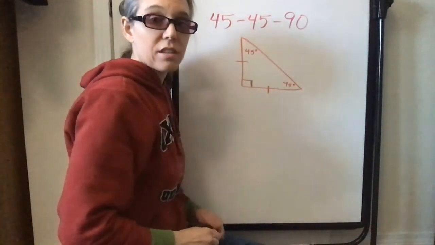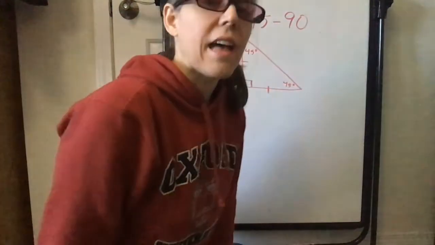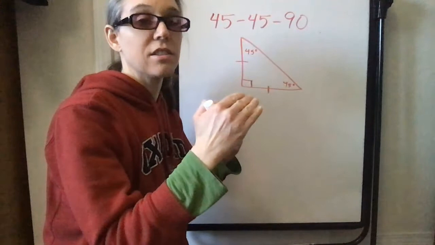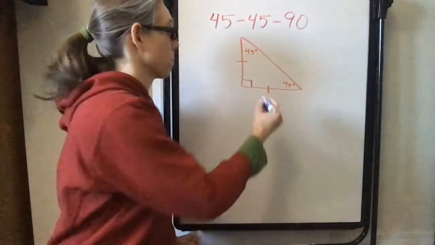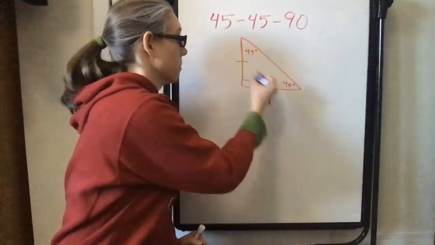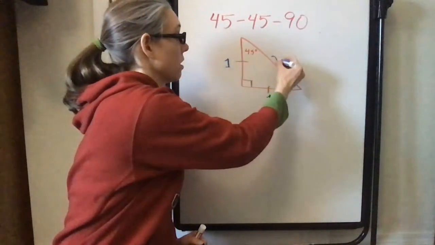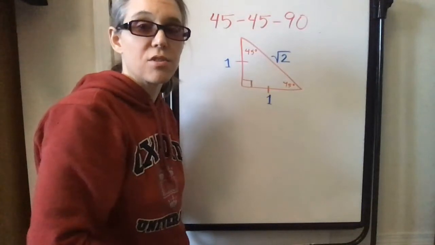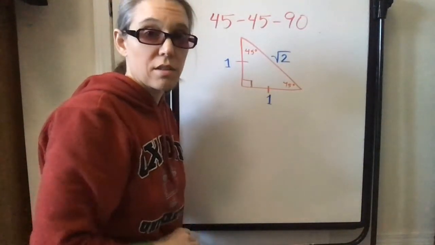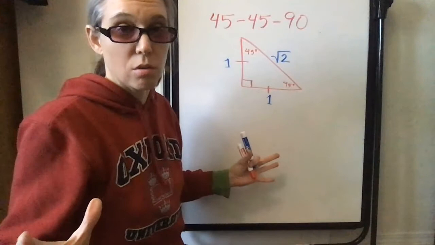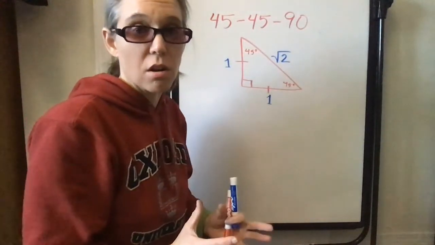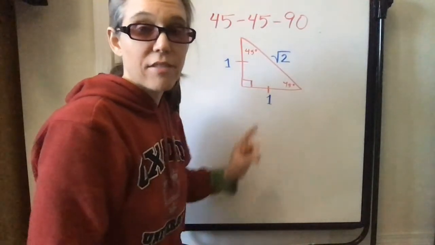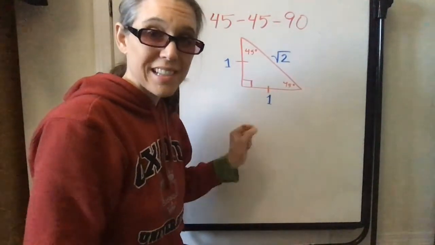So the result is you have a triangle where the sides are in ratio. And here is the ratio: 1, 1, root 2. Every 45-45-90 triangle in the world, whether it's 300 feet long or 2 centimeters long, regardless of the size, is going to have the same ratio for its side lengths.